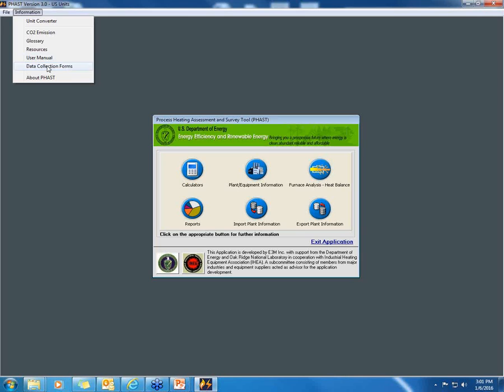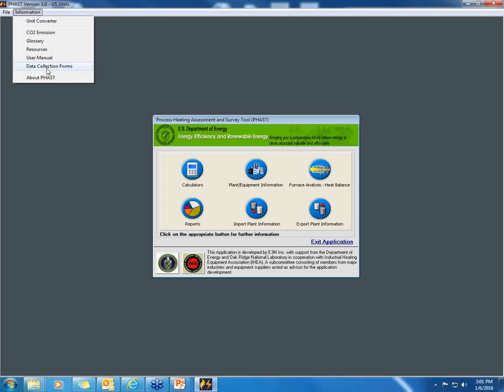And then, as Arvind mentioned during his presentation, you also have data collection forms available inside this tool. We are planning to share with you an Excel version of the data collection form, but inside this tool you have a PDF version.